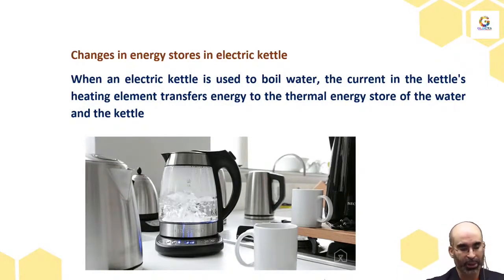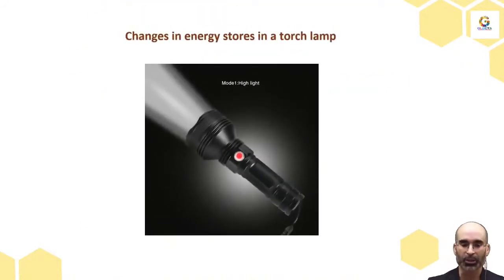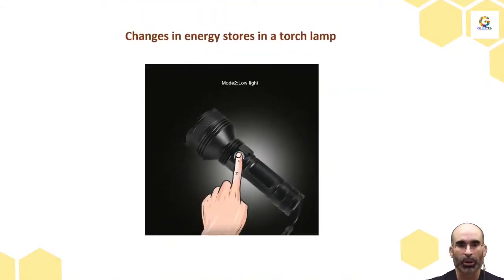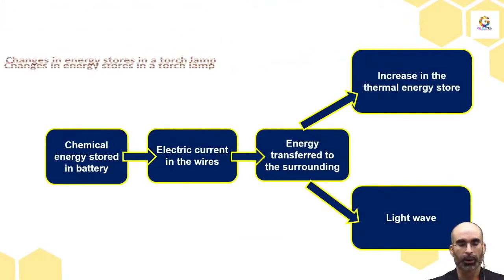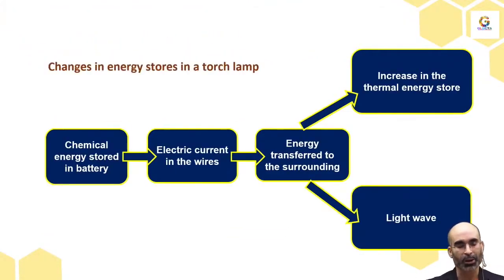We have some more examples. Look at this. Changes in the energy store of a torch lamp. With the flow chart, you can understand how energy is getting transferred from one energy store to another. So what was there? Battery was there in the torch lamp.